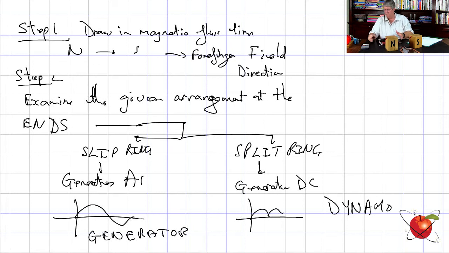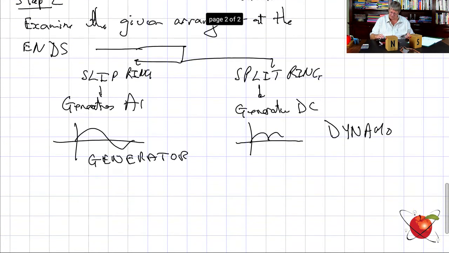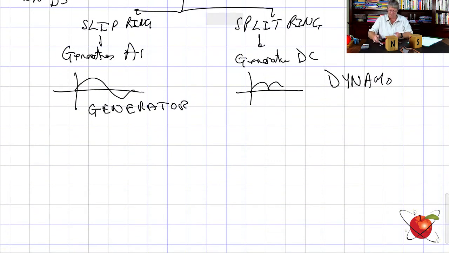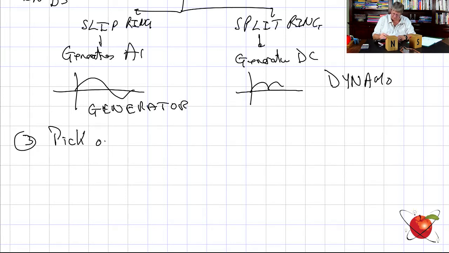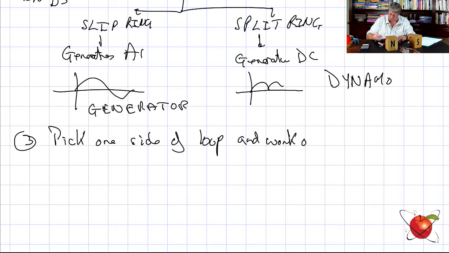Simple as that. So that's what we do. Then next step, I've got here as step 3, pick one side of the loop and work out what's missing.